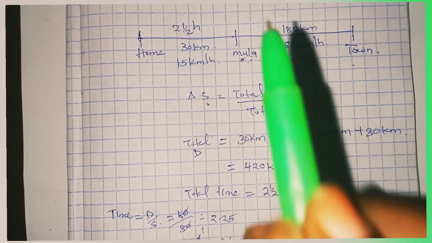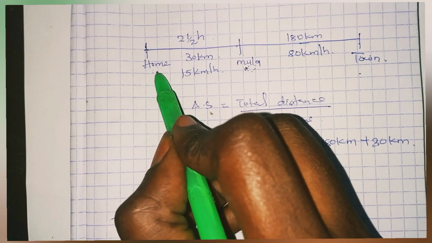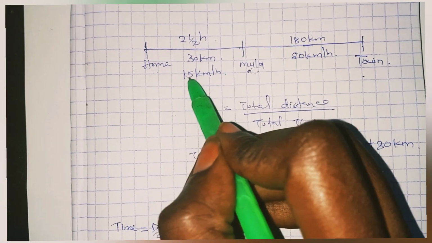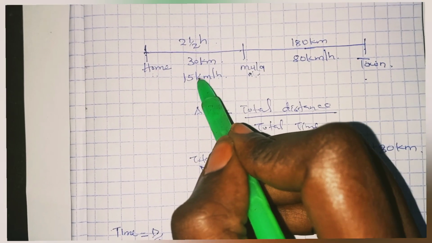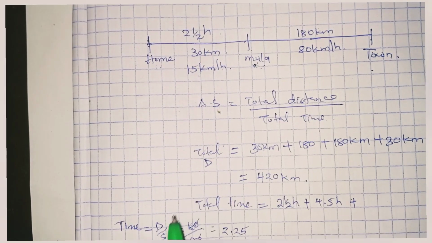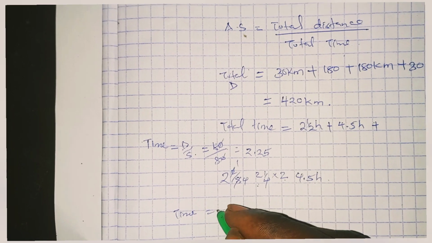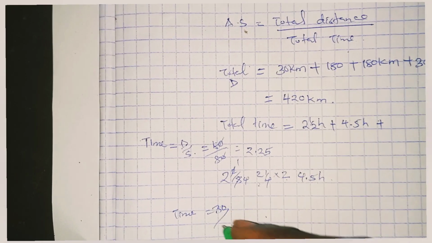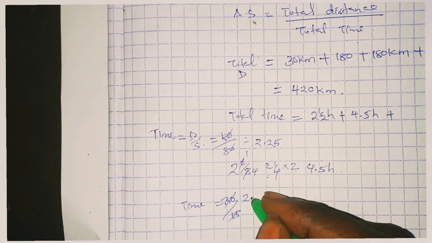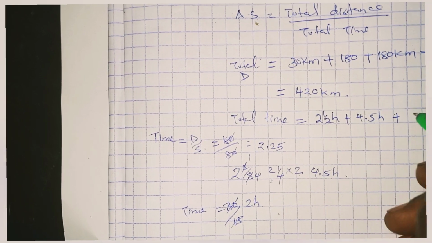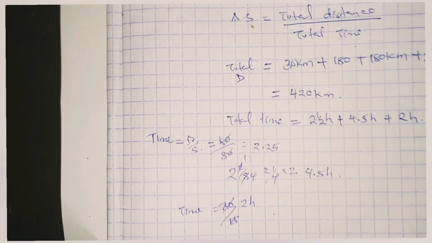And then from Mula back home, he cycled at a speed of 15 kilometers per hour. So we are going to get the time that was taken from Mula back home, which is the distance, 30, divided by 15. That one will be 2 hours. So we add also 2 hours there.